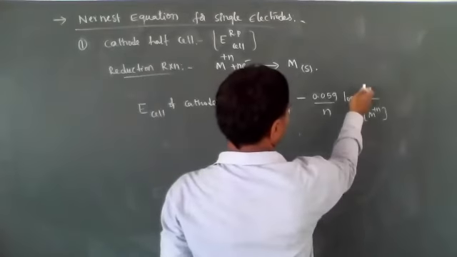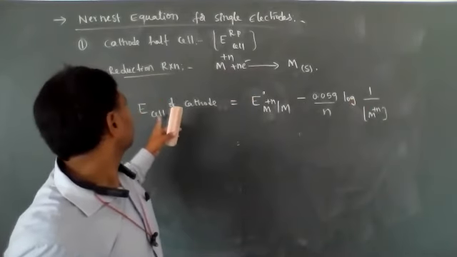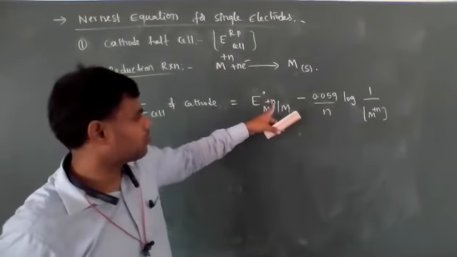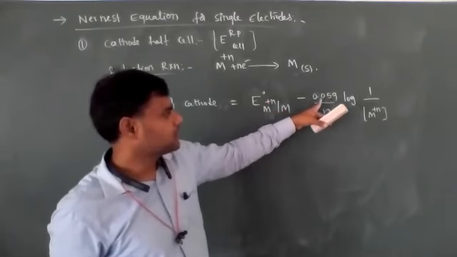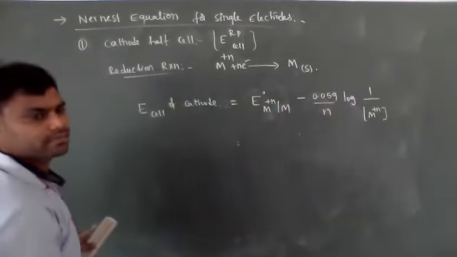If it is oxidation, minus of minus, plus will come. Means the single cathode half cell electromotive force is equal to standard electrode potential minus 0.059 by n into log concentration of M plus.